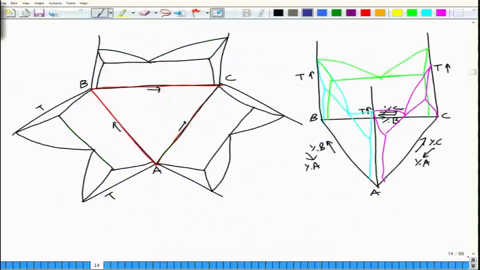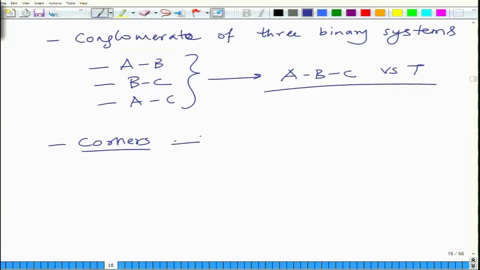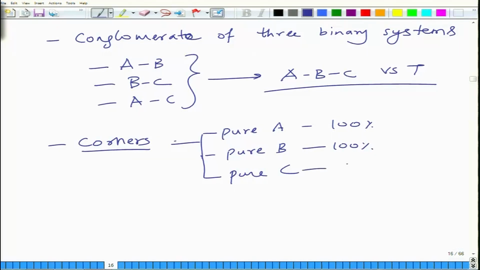Okay, so this triangle is called a Gibbs triangle. So corners are pure A, pure B and pure C. So 100% A, 100% B and 100% C.